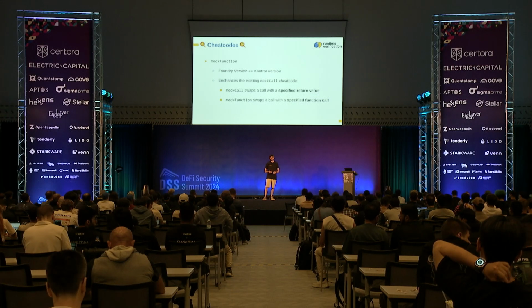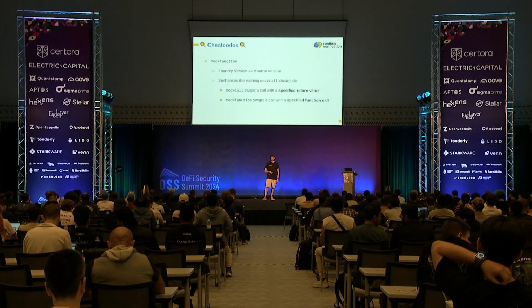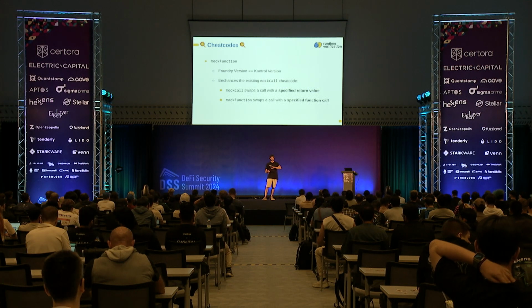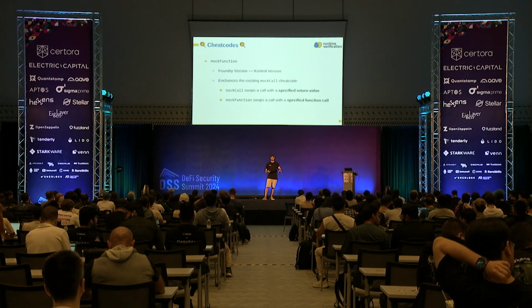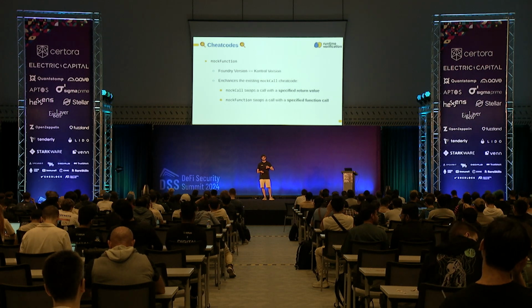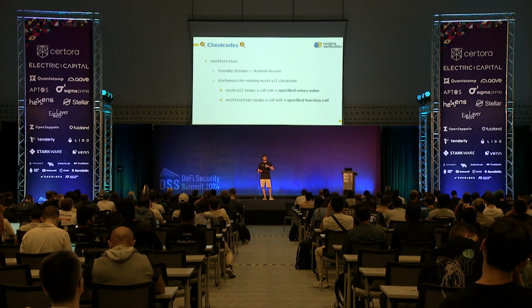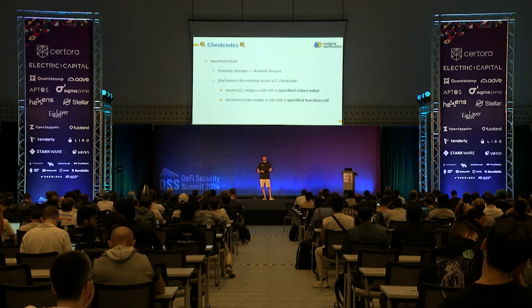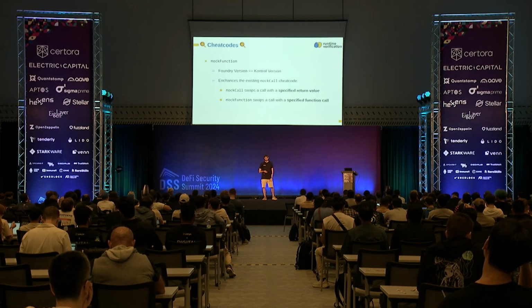We also have this mock function, which is sort of like a mock call, but on steroids a bit. The cheat code mock call would just swap a function call with a specified return value. In this case, mock function mocks the execution. So it will swap the call with what you can consider a model of the function that you're mocking.